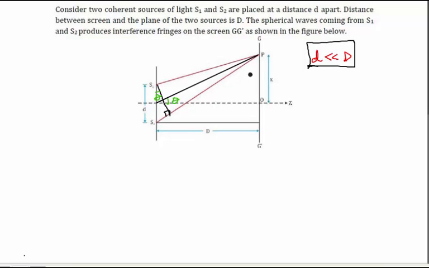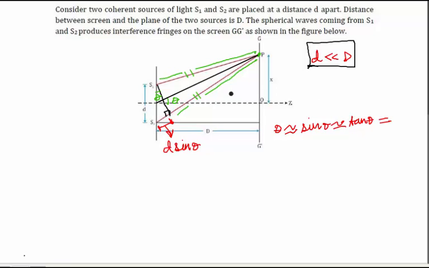So let's first see what the path difference is at a general point. We can assume that these two lines are the same distance, so the path difference is because of this component. This length is the extra distance covered by the wave from S2. Using trigonometry, this distance equals d sine theta, and for a very small angle theta, theta is equal to sine theta, which is equal to tan theta.